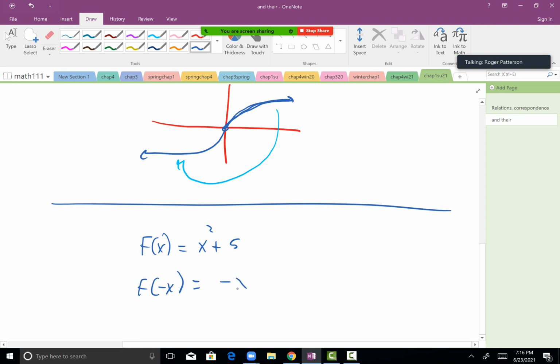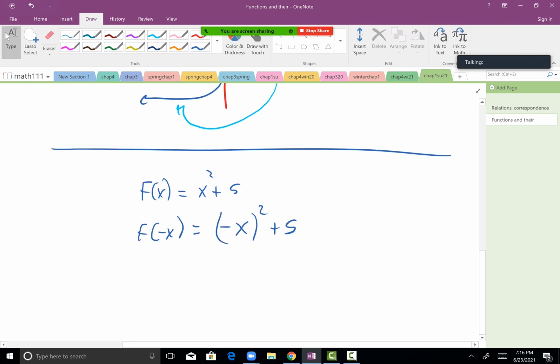So we would go like this, f of negative x, and that's just going to be x squared plus 5, because a negative times a negative is a positive. And sure enough, they're the same thing. So we would say that this is even. But again, you could just graph it, and you could see that that's going to be a nice little parabola U shape, symmetric over the y-axis.